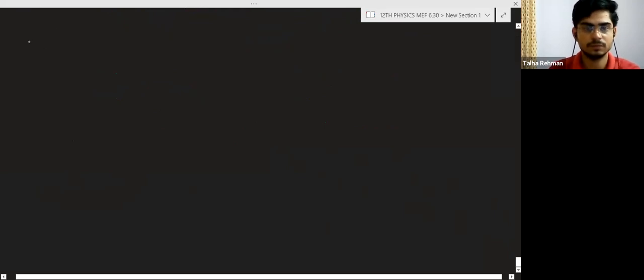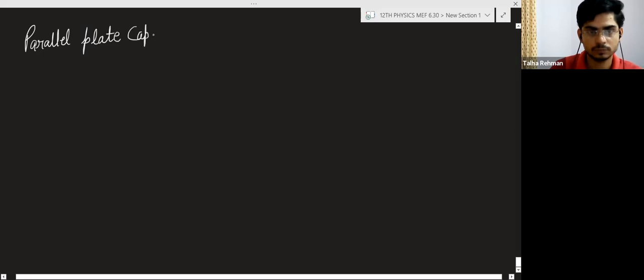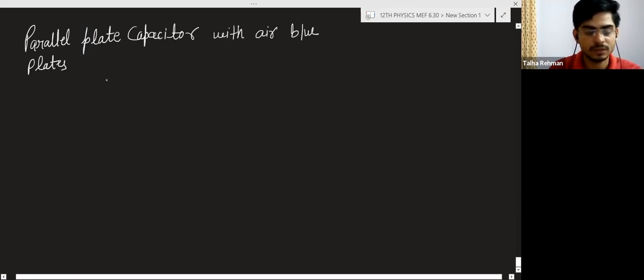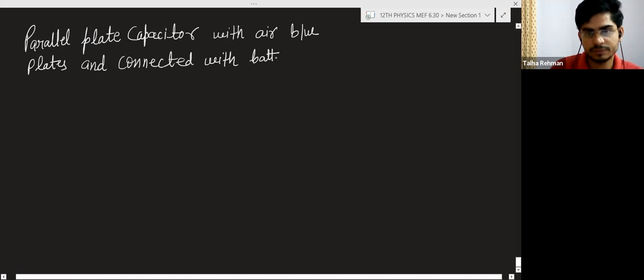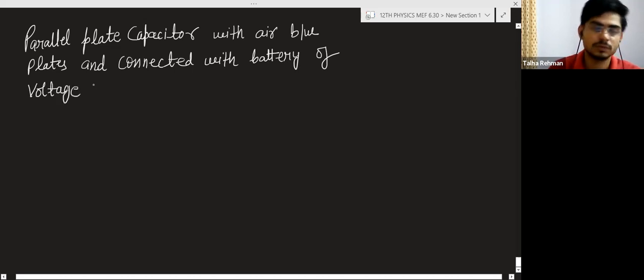Parallel plate capacitor with air between plates and connected with a battery of voltage V naught.